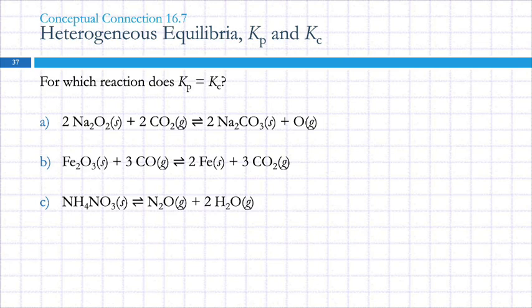Yeah, it's B. We're only looking at gases and aqueous things. Here there's 2 and 3, not the same. Here I have 3 and 3, so that delta n is going to be 0. And down here I just have gas products, and so it's also not going to be the same.